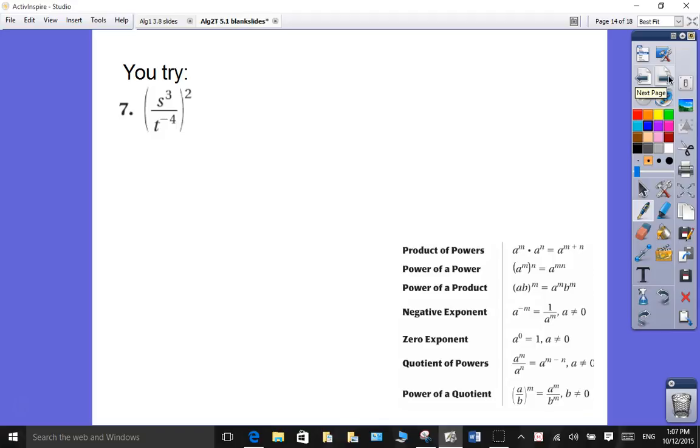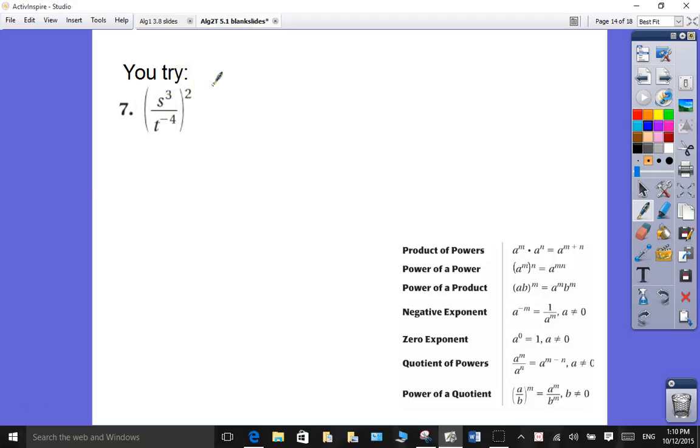Try it again. So which was the first property? The power of a quotient, right? Because we've got a power outside of parentheses and a quotient inside.